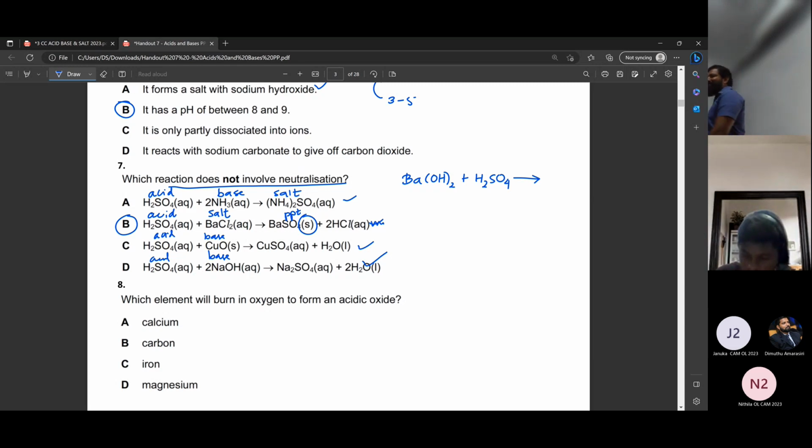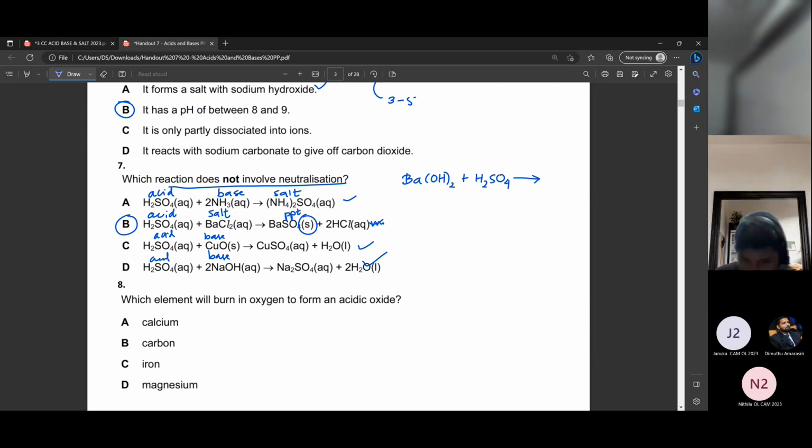Write it and see. But that we say neutralization and precipitation.